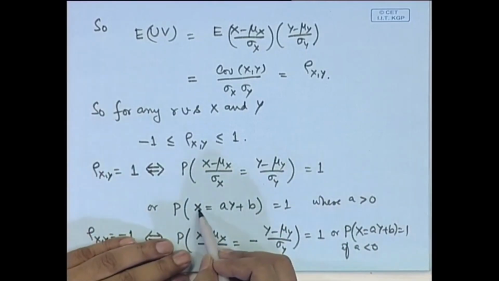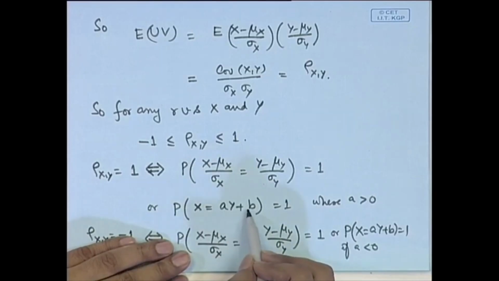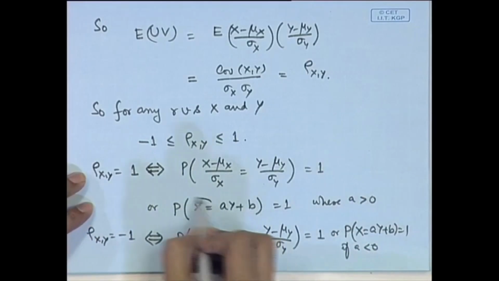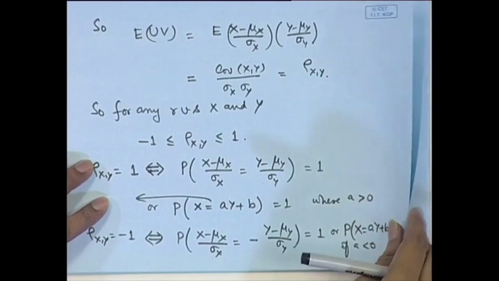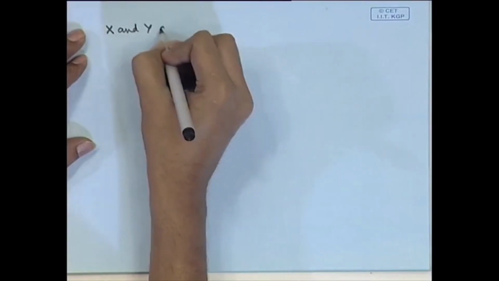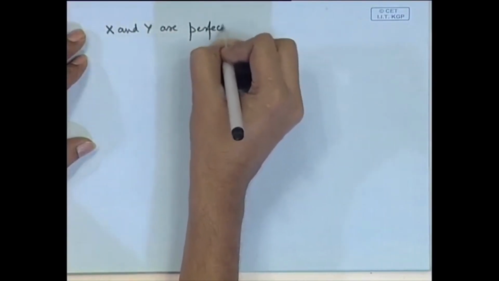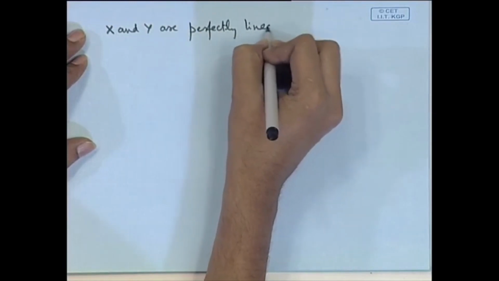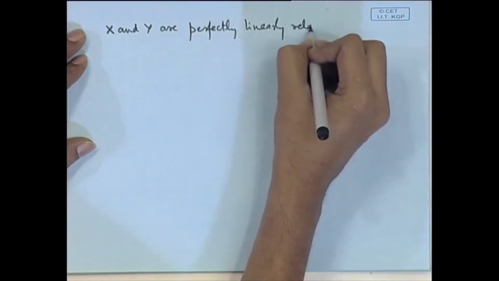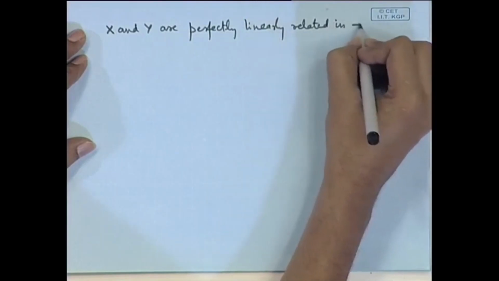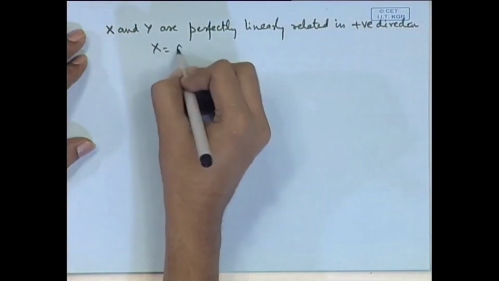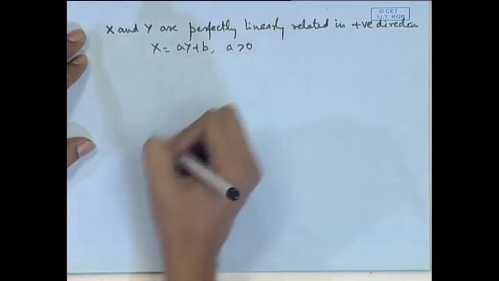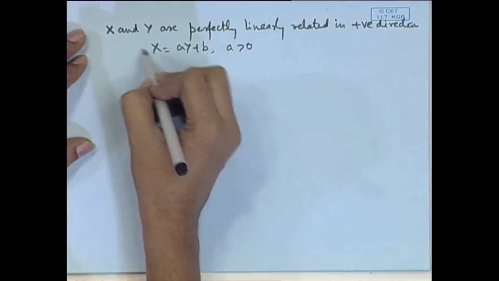So, this condition that X is equal to aY plus b, where a is positive, we say that X and Y are perfectly linearly related in positive direction, that is X is equal to aY plus b for a positive, and probability of this statement is 1.